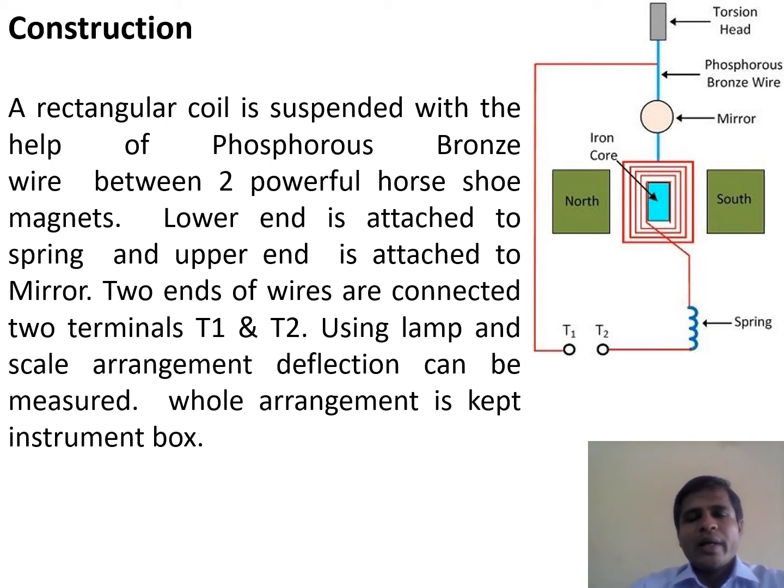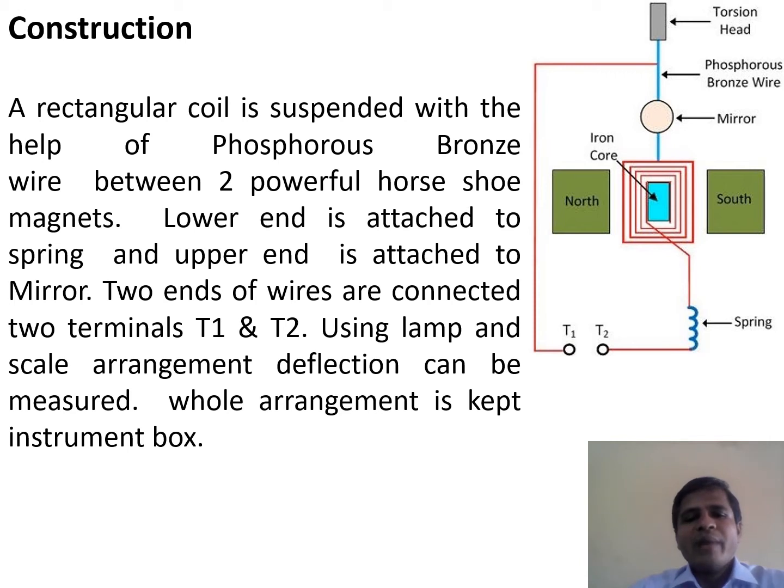Here the rectangular coil, which is at the center, is suspended with the help of phosphor bronze wire between two powerful horseshoe magnets. The lower end of the rectangular coil is attached to the spring, and the upper end is attached to the mirror, M. The two ends of the wire are connected to terminals T1 and T2.